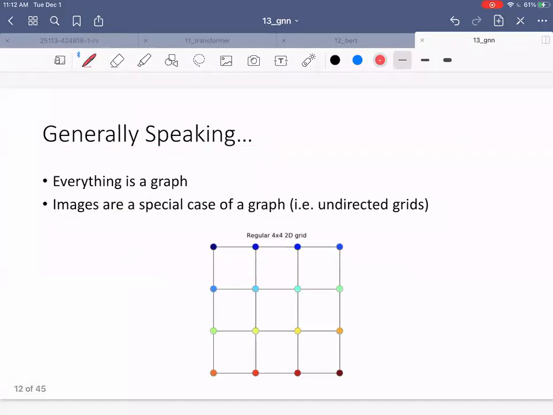Images are a special case of graph as well. This would be an undirected grid. If you have a 4x4 resolution image, then it's a 4x4 grid, and each pixel or node has four neighbors. Like this one has one, two, three, four neighbors. So all pixels or nodes have four neighbors, and it forms a grid.